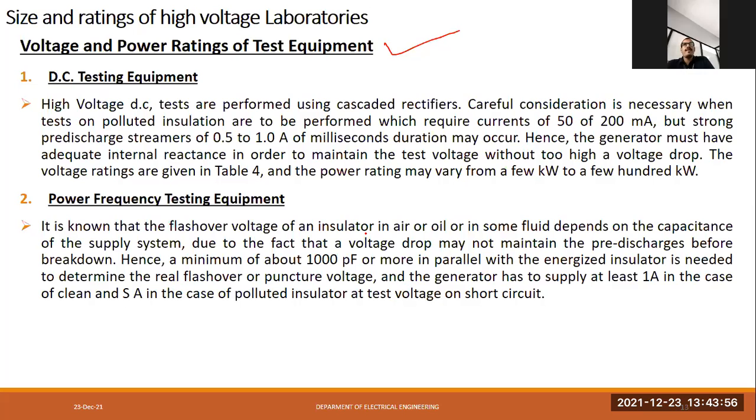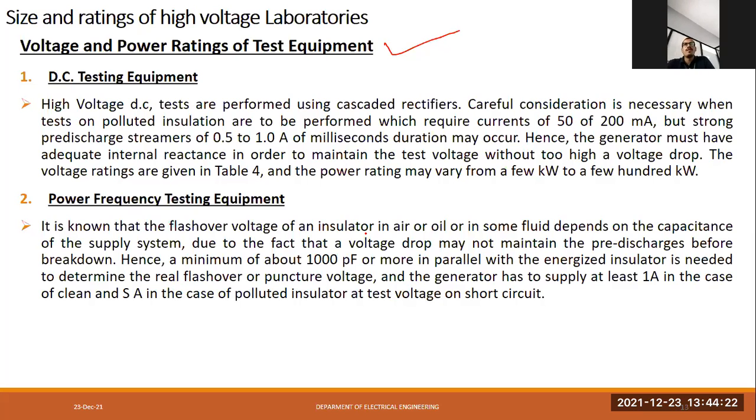For polluted insulations, we require only 50 to 200 milliamperes. In such cases, there should be a strong discharge, and the streaming should be around 0.5 to 1 ampere, in milliamperes.